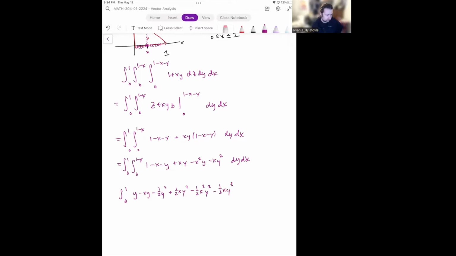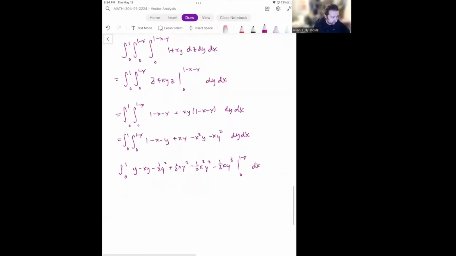And so we will evaluate that from 0 to 1 minus x, which is sort of an unfortunate amount of algebra. So we'll call that dx integral.